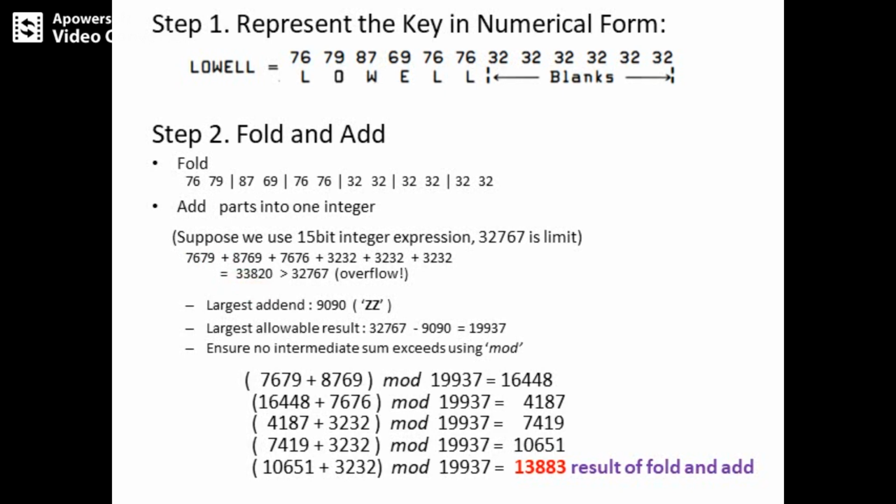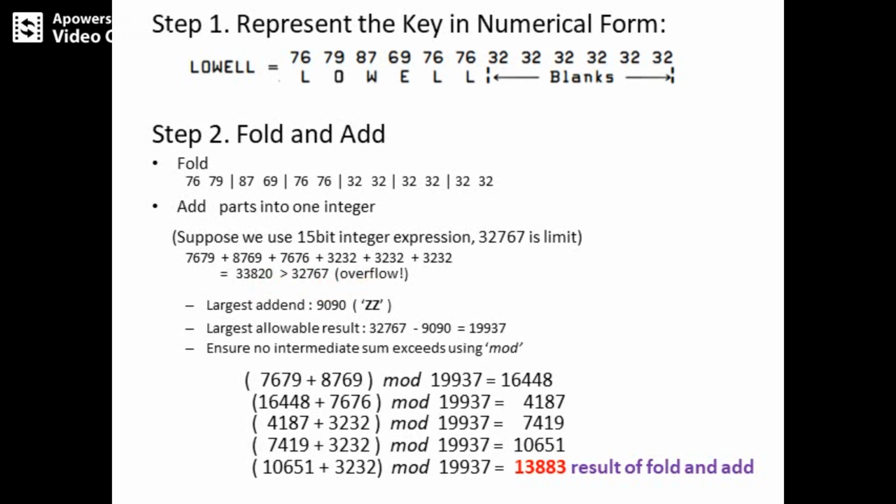But suppose we use a 15-bit integer expression, then the maximum limit is 32767. You need to keep that in mind. Now this answer is greater than 32767, so I can conclude that there is an overflow.